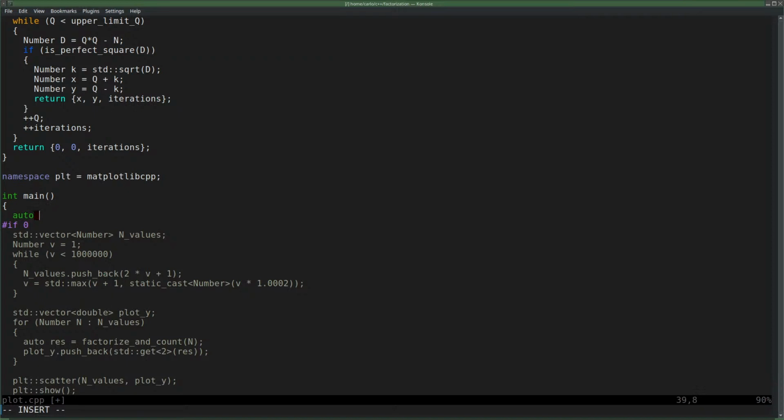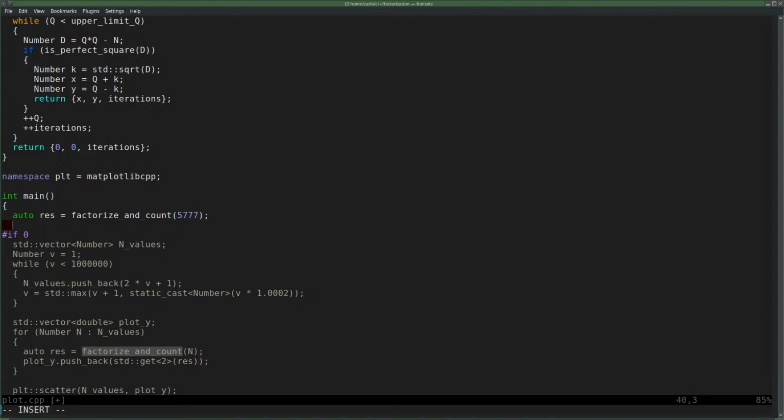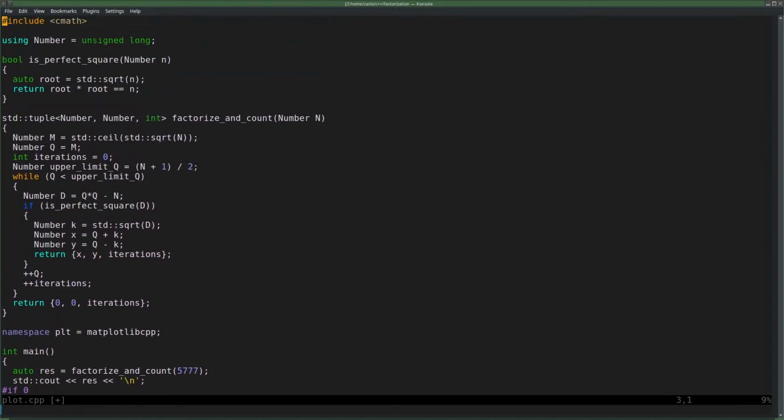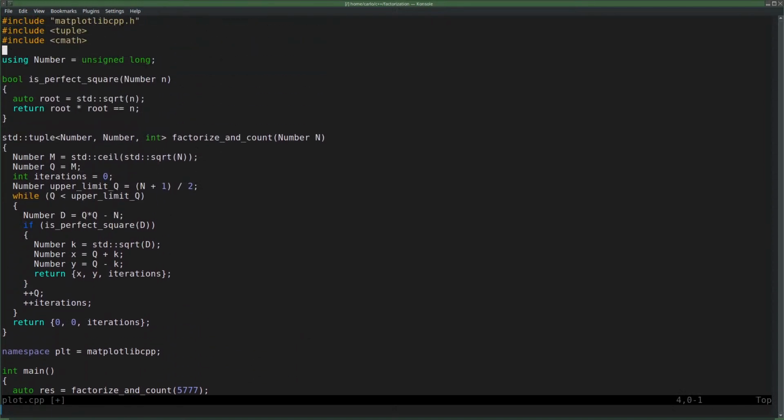Say auto result is factorize and count. Well, you know the drill. 5 7 of that. And I want to print that. Probably doesn't work, but okay. How can I print tuples? Within no time I'll be using my debugging stuff again.